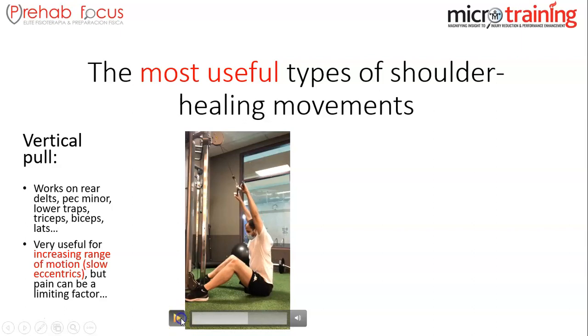Why do I mention slow eccentric? Because studies have shown that along with soft tissue mobility, soft tissue rolling, or some self-myofascial release, something we will show a little bit later, in combination with slow eccentric vertical pull exercises, can increase mobility.